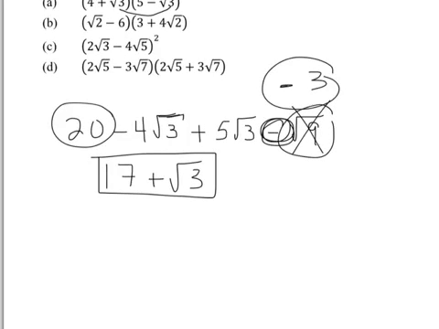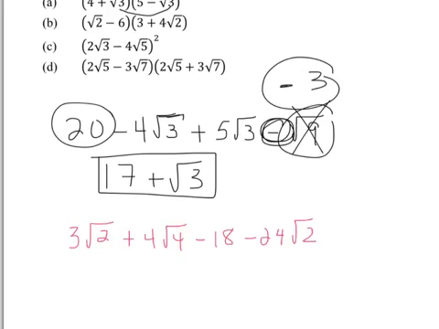Georgia, go ahead. So you first do radical 2 times 3, which is 3 radical 2. Good. And then radical 2 times 4 radical 2, which is 4 radical 4. Good. And then negative 6 times 3, negative 18. And negative 6 times 4 radical 2, negative 24 radical 2.